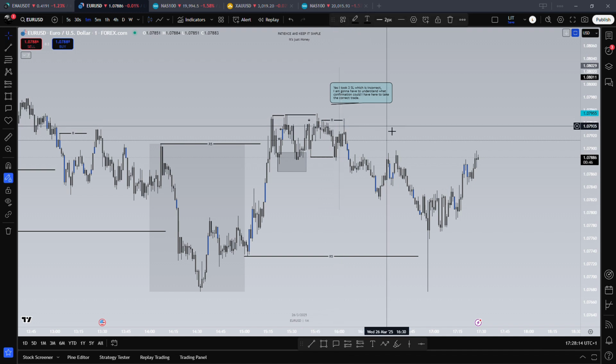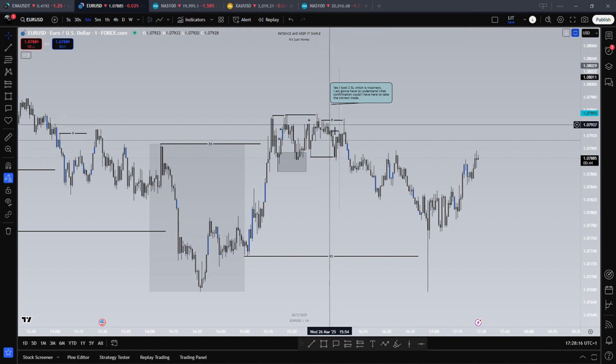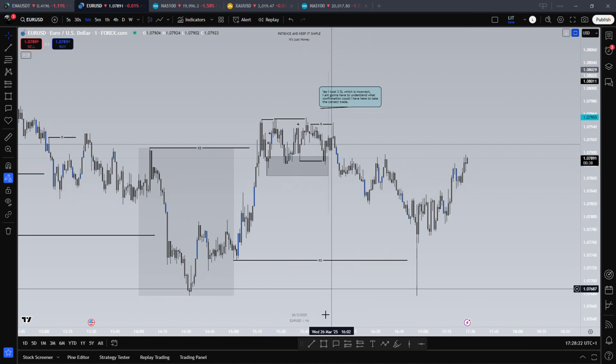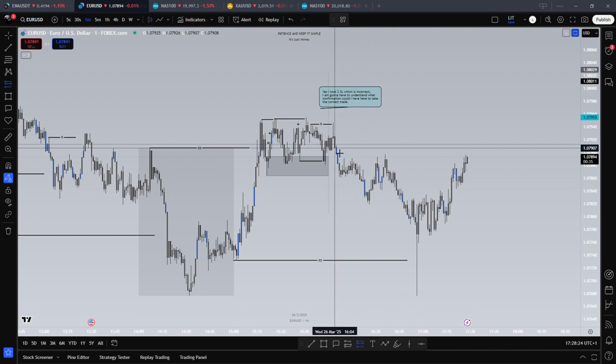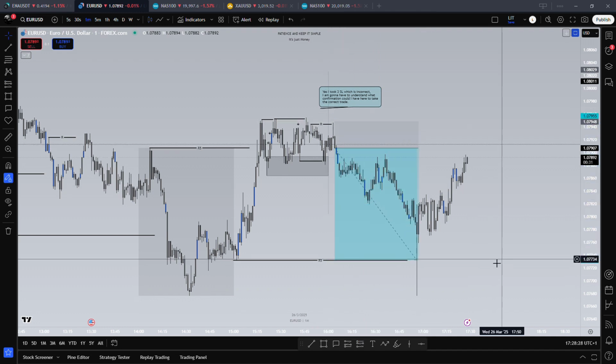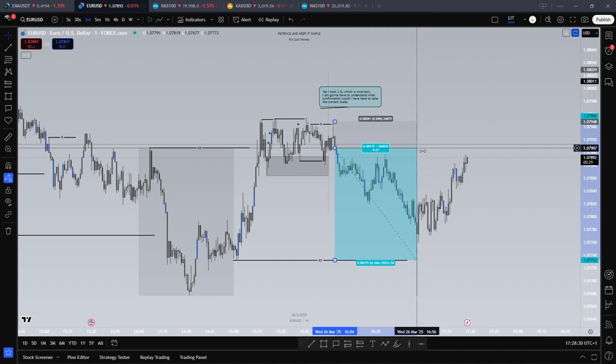This is the relevant one probably, because it's all together. So this is full liquidity and not taking the SMT here with this candle. Maybe this was the correct trade.